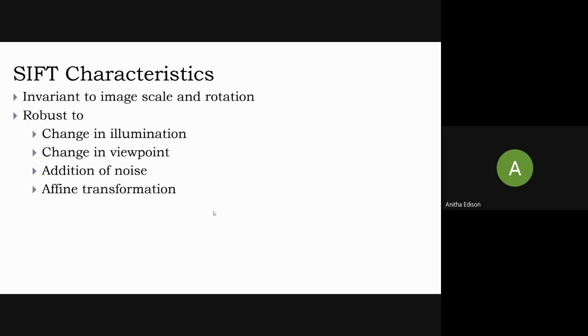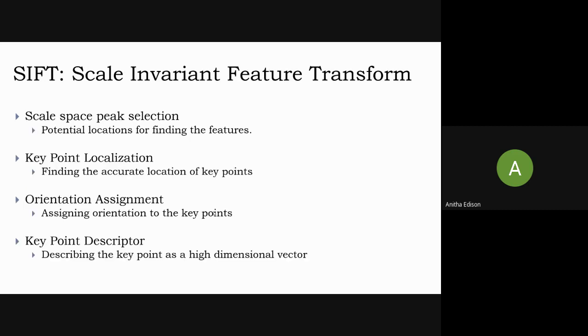SIFT is invariant to illumination variation, so the SIFT descriptor will be the same. SIFT is also invariant to change in viewpoint, and to noise and other transformations. SIFT is usually computed by a specific set of steps. I'm not going into the details. We'll compute a key point.